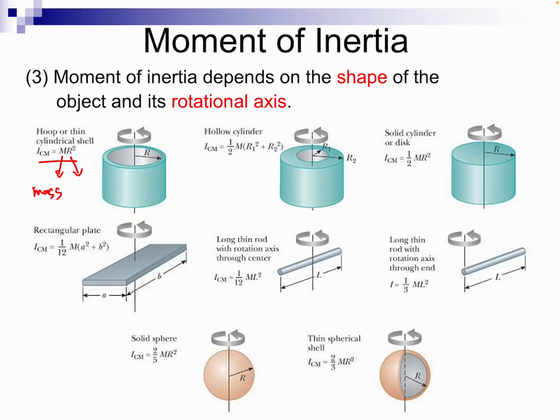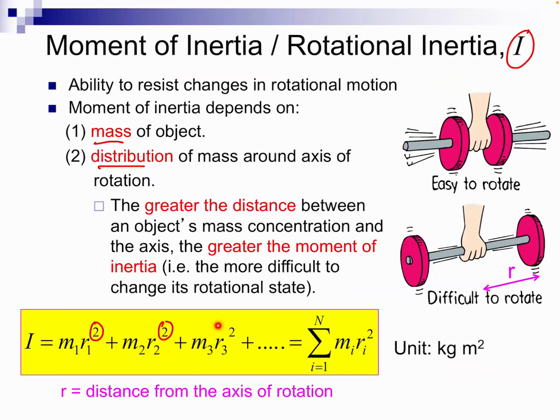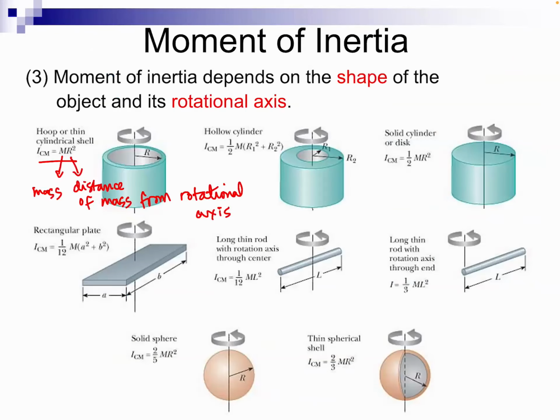If this is the rotational axis in the middle, R is still the distance of the mass from the rotational axis. So for some systems, you don't have to determine the equation for the moment of inertia. We're happy for you to look at this table to find it. If the objects are discrete masses, like here, then you find the moment of inertia from this equation. So those are two ways.